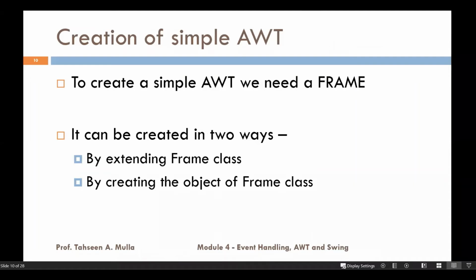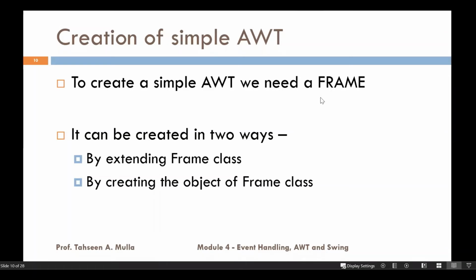Now, as I said, you are having two methods, right? So to create a simple AWT, we need a frame. Now, we'll be focusing on a frame. I'll show you a simple demo of a window in our next lecture, right? The difference between why we should not go for only a window directly, why we should go for a frame, is because you won't have those features available in the top level window as we have in a frame, right?